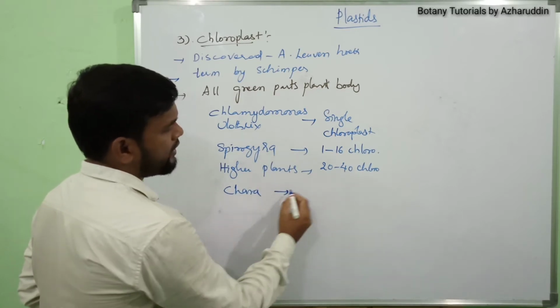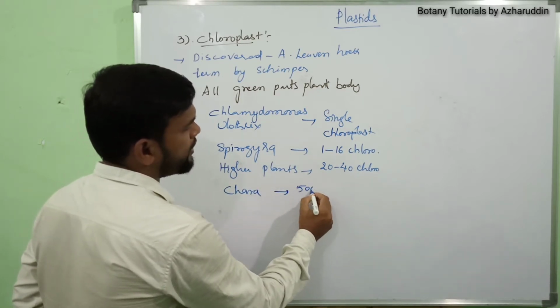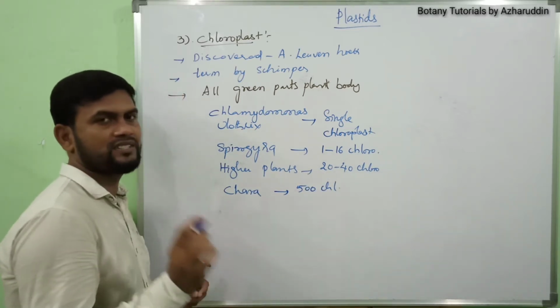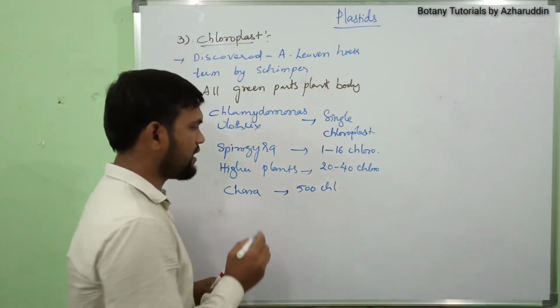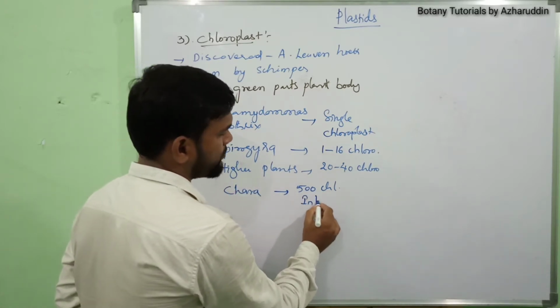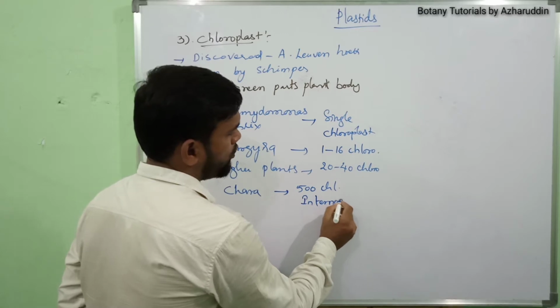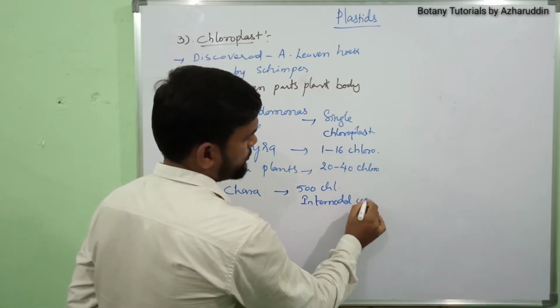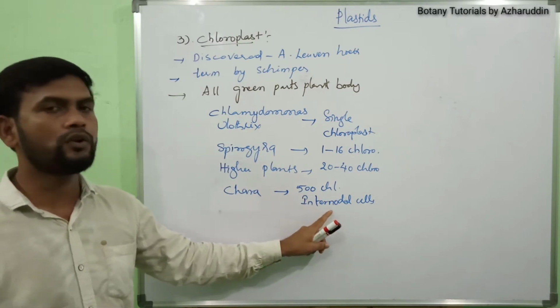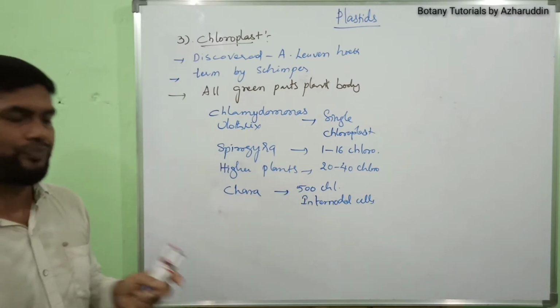In Chara, nearly 500 chloroplasts are present in each cell. That is mainly found in the internodal cells. Nearly 500 chloroplasts are found in the internodal cells of Chara.